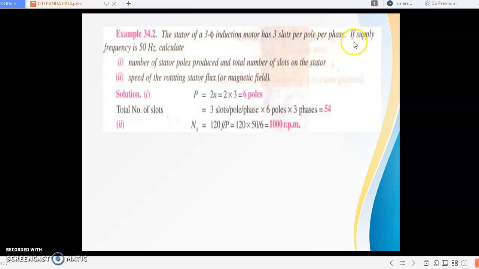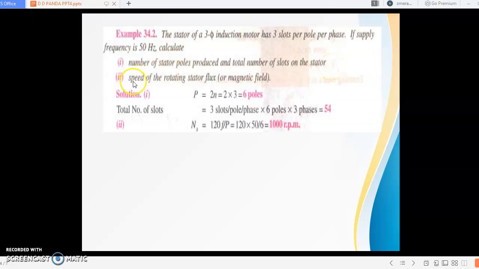Now, if supply frequency is 50 Hz, f value is given here, then we have to calculate first one, the number of stator poles produced and total number of slots on the stator.